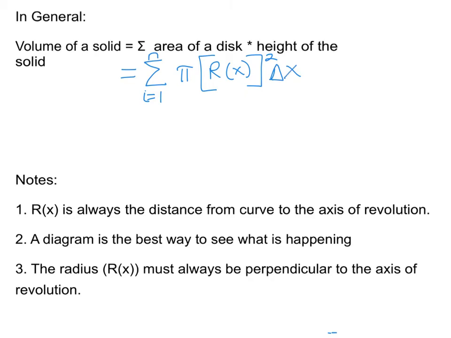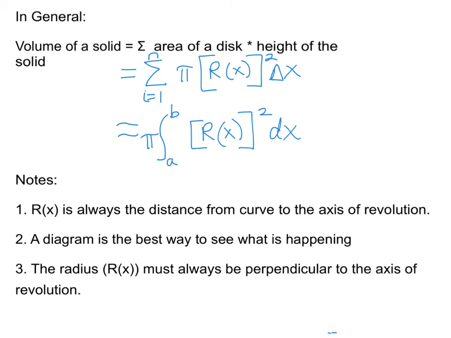So when you revolve it all the way around, and you take that in integral notation, you're going to have pi times the integral from a to b of the radius of my object squared dx, and that's what we did before.